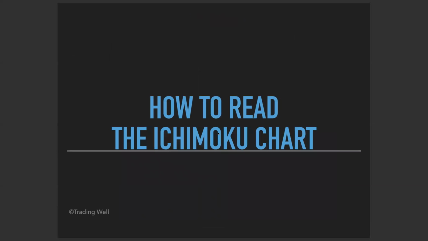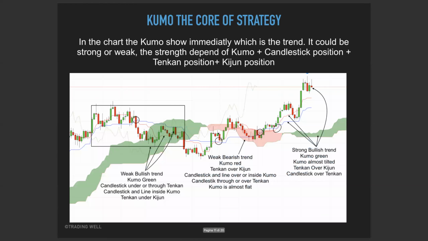So how to read the Ichimoku chart? As I said before, the core of the strategy is the Kumo. It shows us immediately which is the trend. It could be strong or weak. The strength depends on the Kumo plus candlestick position plus Tenkan position plus Kijun position.